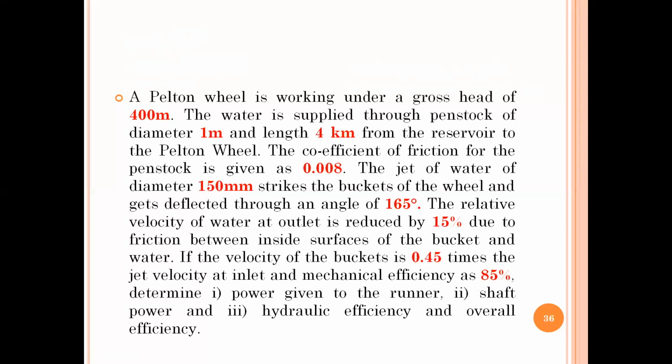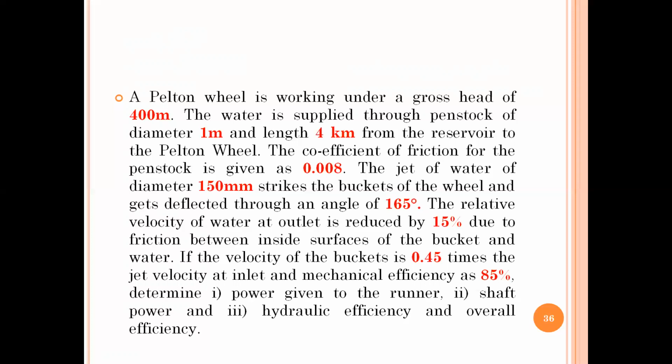If the velocity of the bucket is 0.45 times the jet velocity at inlet and mechanical efficiency is 85%, determine the first one, power given to the runner, second one, shaft power, third one, hydraulic efficiency, and also the overall efficiency.